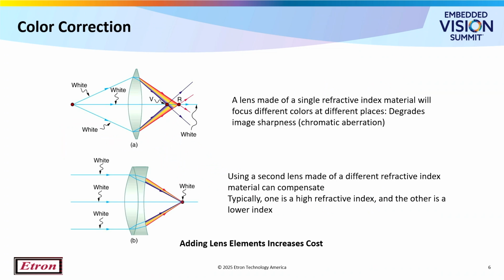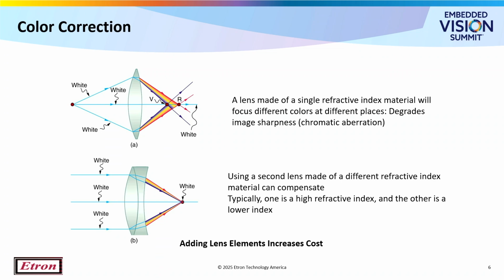And then one of the peculiar characteristics about this on the physical side is that not all of the colors of the light will focus at the same place with just a standard refractive lens.